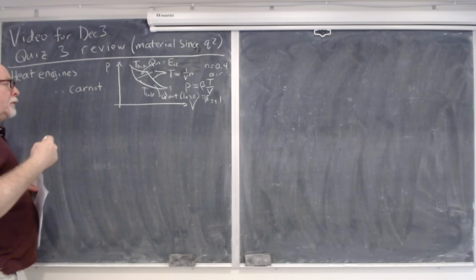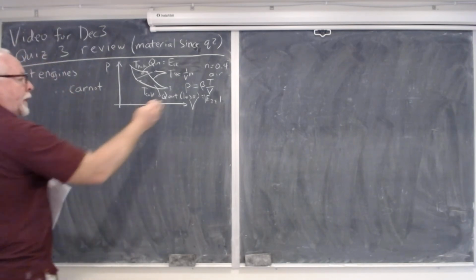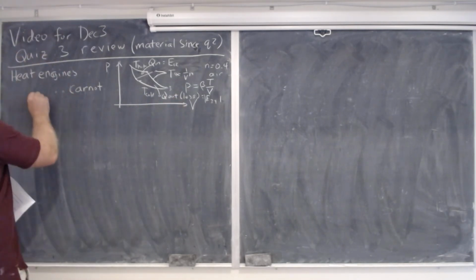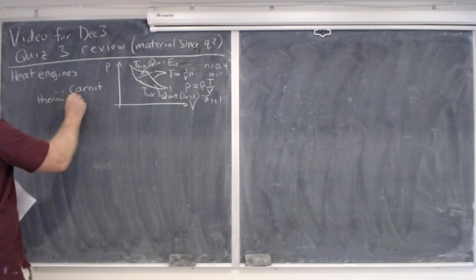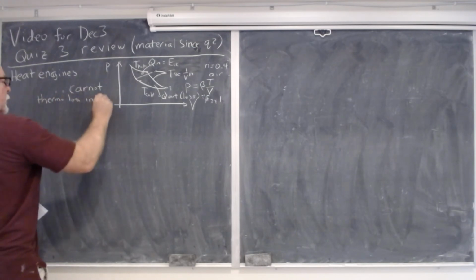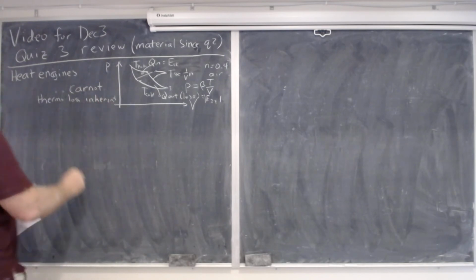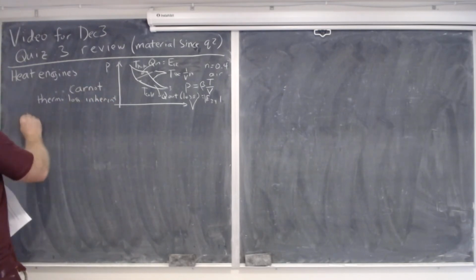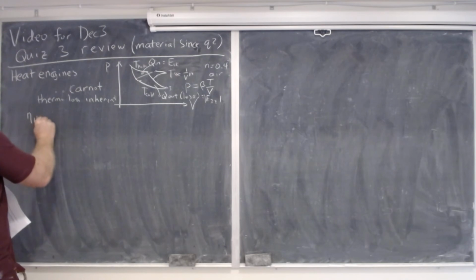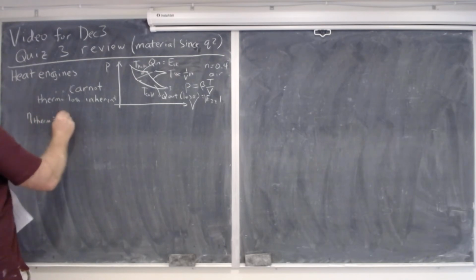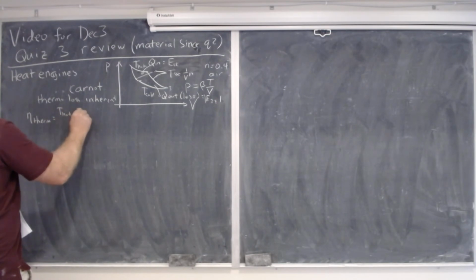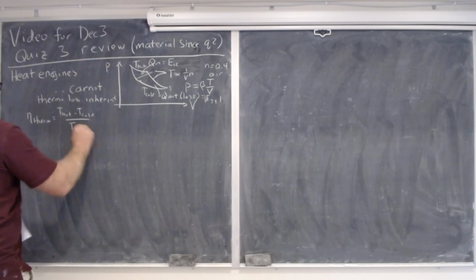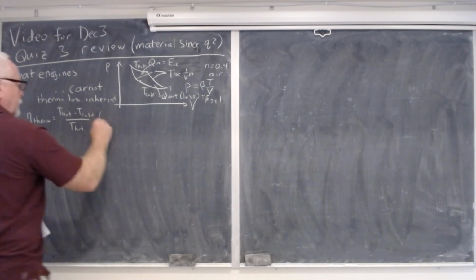And what you've learned is that that loss, thermodynamic loss, is inherent. And it results in a thermodynamic efficiency, which is equal to T hot minus T cold over T hot for the Carnot.